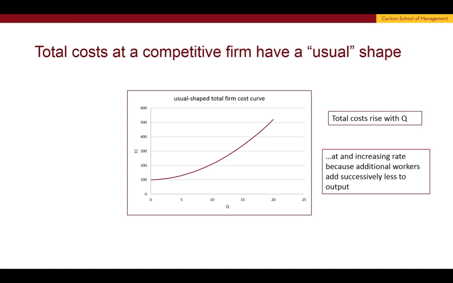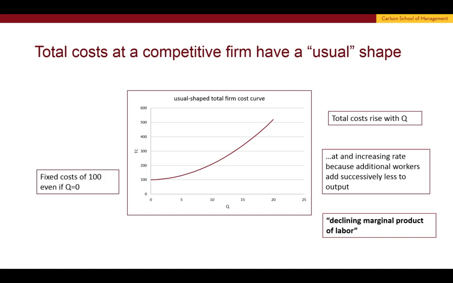That's the idea of decreasing marginal product of labor. That's a little bit under the hood for our purpose, but the point is we're going to think of total cost curves at competitive firms having this usual shape, upward sloping at an increasing rate. And again, the behavioral idea underlying it is this idea of declining marginal product of labor.